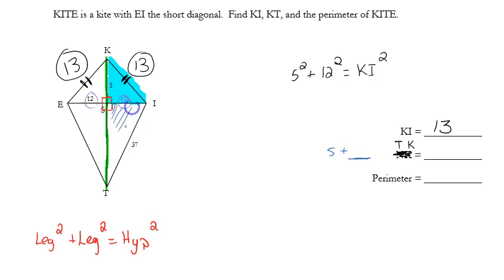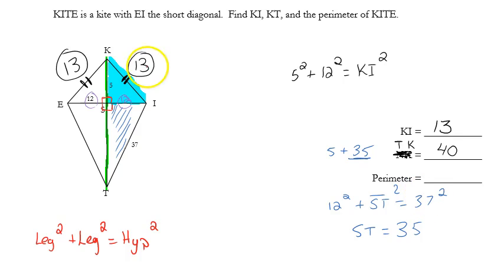I need to use this triangle and Pythagorean theorem. I know that one leg is 12, 12 squared, plus my other leg, which is segment ST squared, is equal to my hypotenuse, 37 squared. When we solve this, we get that ST is equal to 35. Now that I know this is a side length of 35, I know that TK is 5 plus 35, or 40.